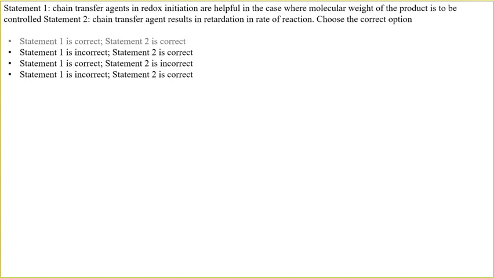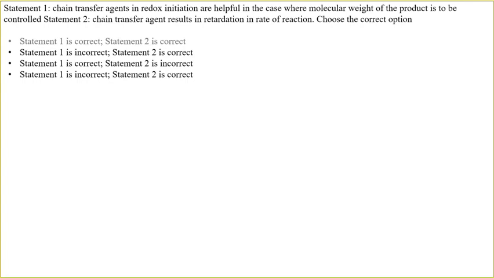So this is true that whenever the polymer chain is extending in length, we can simply pass on the activity of the extending chain to the other non-extending chain. With that, we are able to control the molecular weight in the entire initiation process and the polymerization reaction. So statement one is correct. Statement two is that chain transfer agents result in retardation in the rate of reaction.